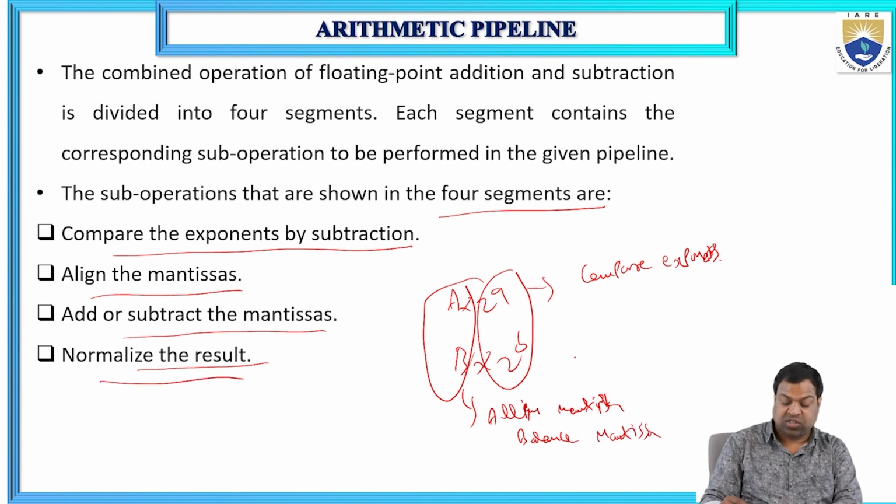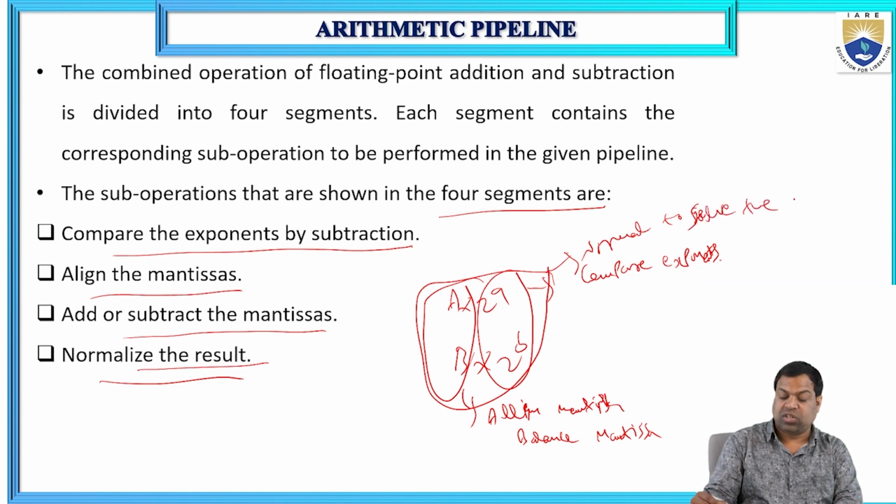Next, normalize the result, so that we get into the normal form to solve the addition.